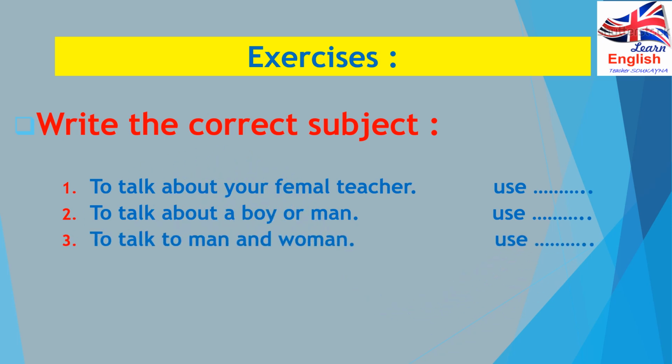ننتقل إلى ثالث جملة. To talk to men and women. وهناك فرق between about and to. About عن, to talk about; to إلى.